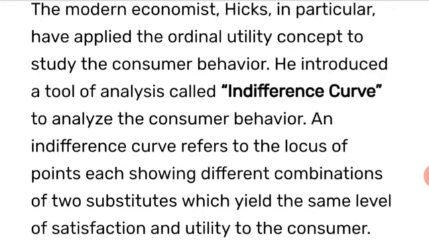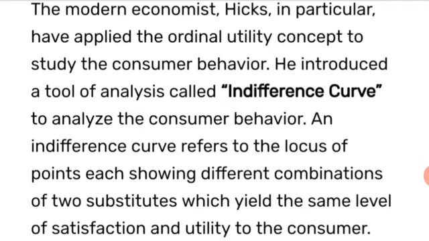In the ordinal approach, J.R. Hicks introduced a very interesting tool, the indifference curve, the basic important element to study consumer behavior. Then what do you mean by indifference curve?